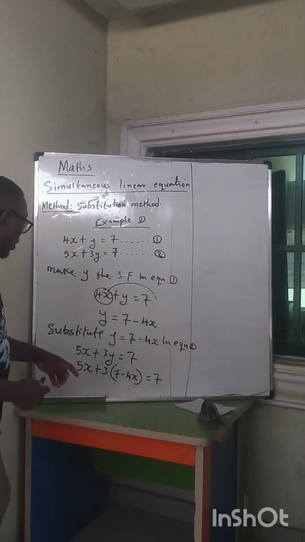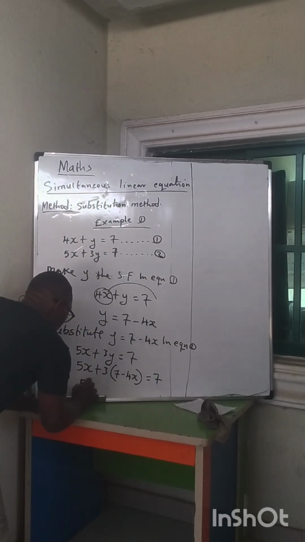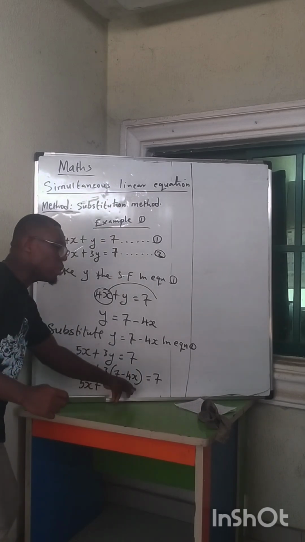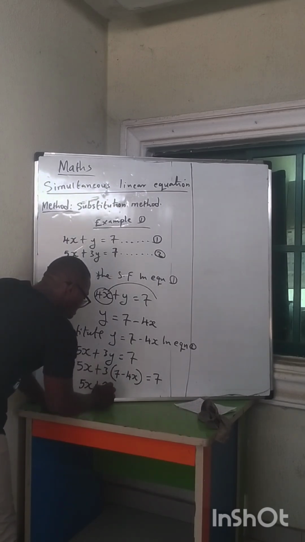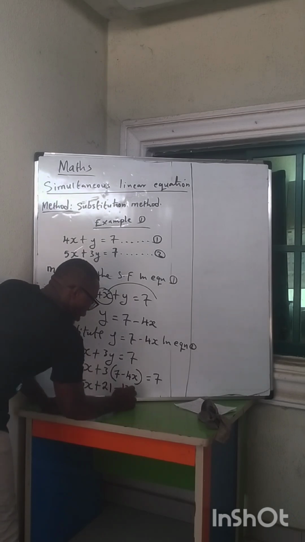So in this case, we now do what? We have here 5x plus. We open this bracket now and multiply. 3 times 7 is 21 minus 3 times 4x is 12x. All equal to 7.